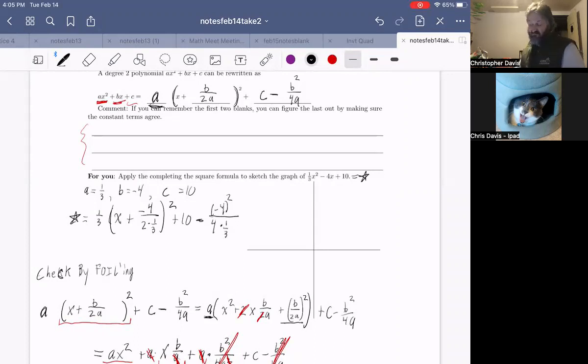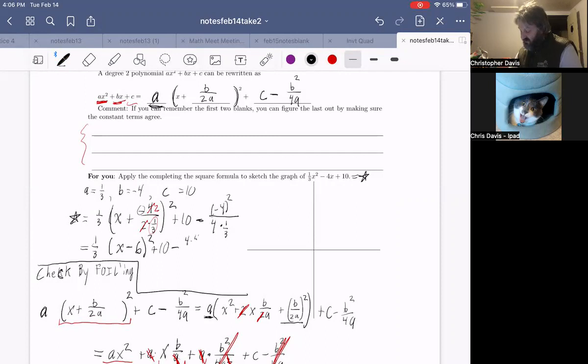And in some sense, this is an answer, but it's obviously not simplified. This is equal to, the 1/3 I'll leave alone, x minus, of that minus, 4 divided by 2 will just be 2. So this can cancel down to a 2. I see division by 3. That'll become multiplication by 3. x minus 6 squared plus 10 minus 4 times 4 over 4 times 1 over 3.